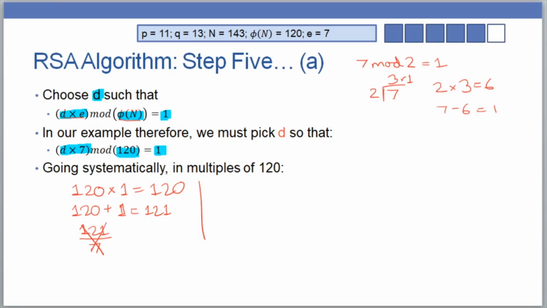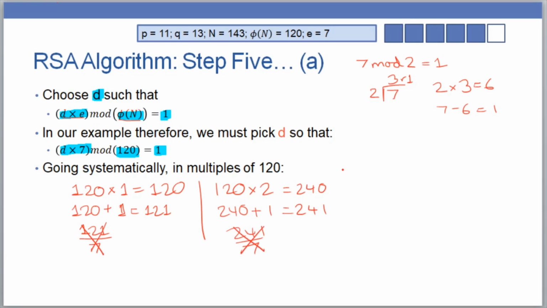Let's try the next iteration as well. So 120 times 2 equals 240. 240 plus 1 equals 241. And again, 241 is not divisible by 7, and so this wouldn't work either.